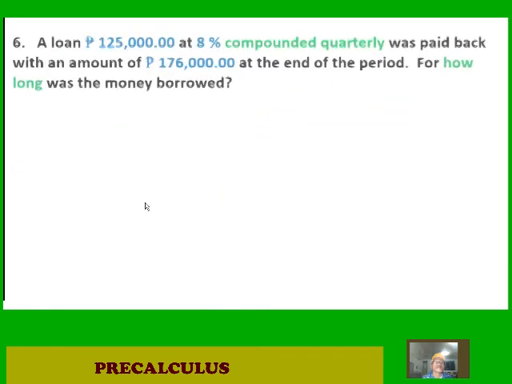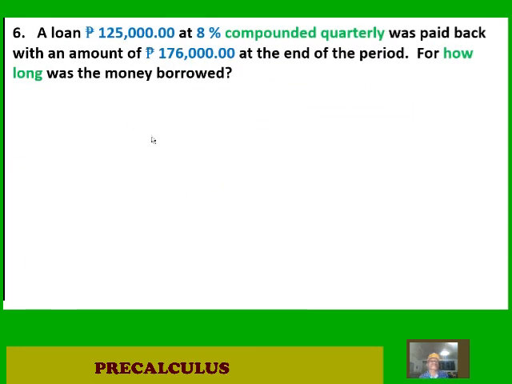Next, a loan of 125,000 at 8% compounded quarterly was paid back with an amount of 176,000 pesos at the end of the period. For how long was the money borrowed? So this is the amount borrowed and the maturity value.